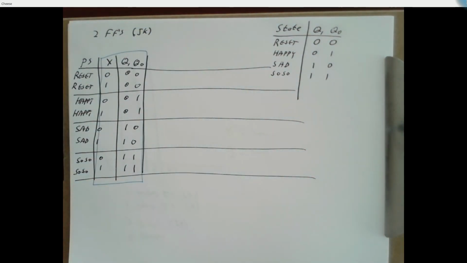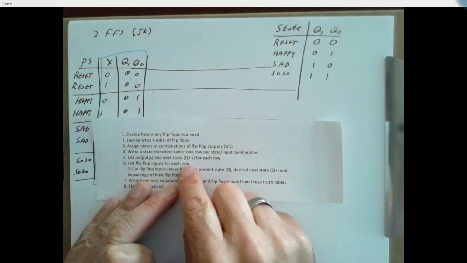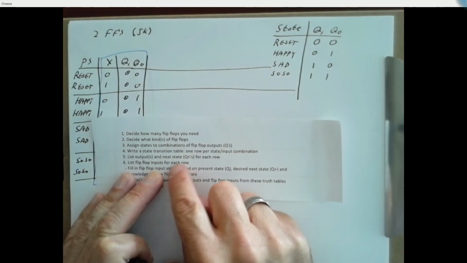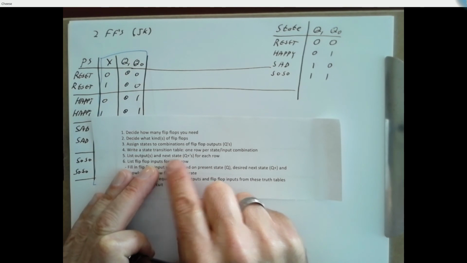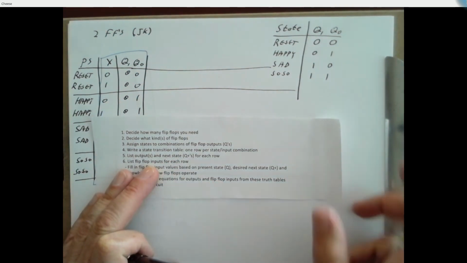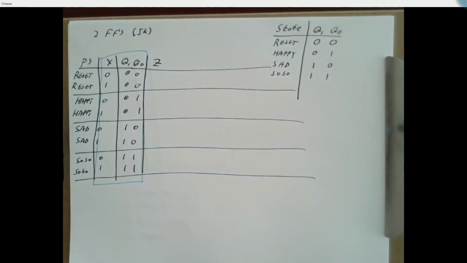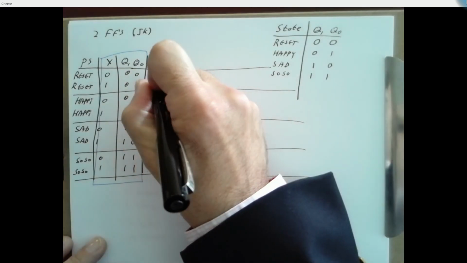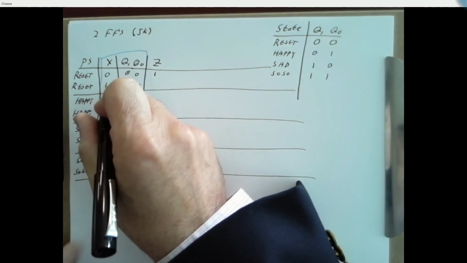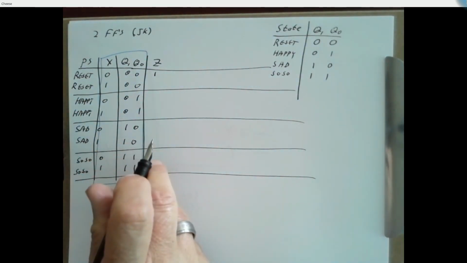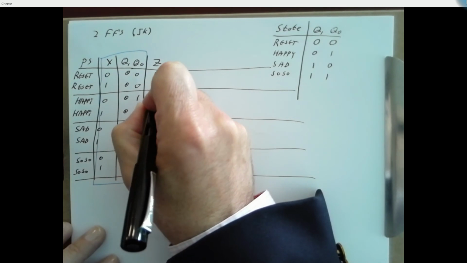It's combinations of Q1, Q0, and X. All right. List the outputs and next states for each row. So our output is Z. And we fill in Z by looking at the table. So if we're in the reset state and our input is 0, our output is 1. So this is a 1. If we're in the reset state and our input is a 1, this says our output is a 0.